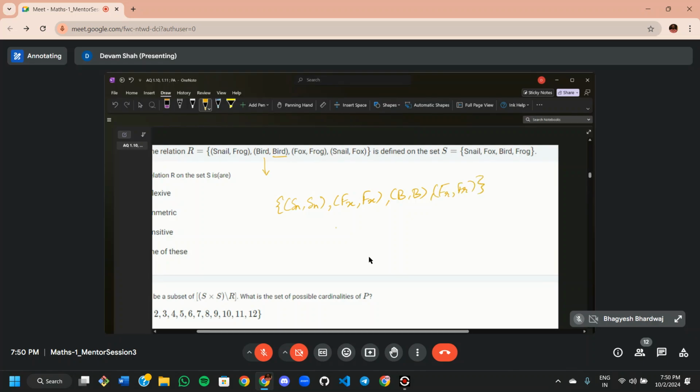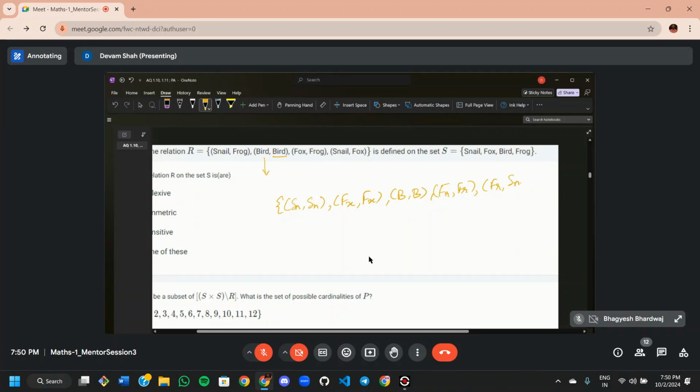Here, this relation is reflexive and even transitive. But what if there is one more term? It's also symmetric, but only till now.